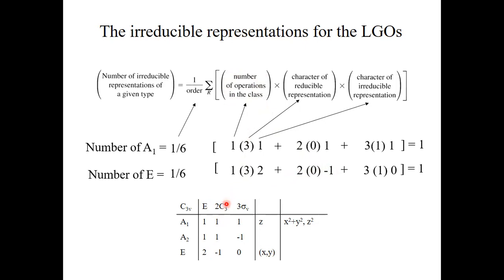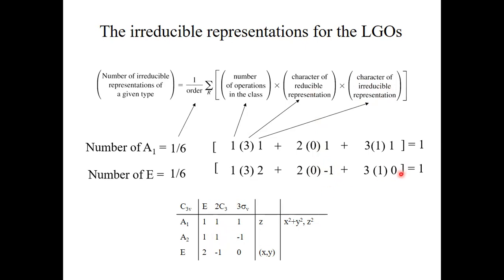We multiply this by 0, because that's the character of the reducible representation, which was 0 for the C3 symmetry operations, because all 3 orbitals are getting rotated. And we have to multiply this by minus 1. That's the character of the irreducible representation, and that would be this minus 1 here.